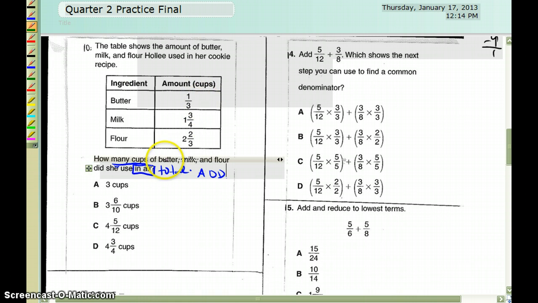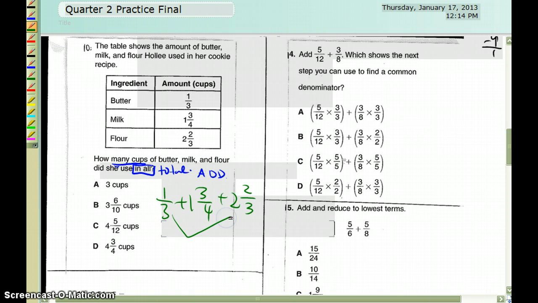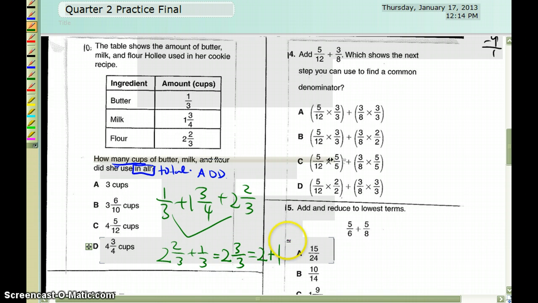When I write them in order here, when I add, because of the commutative property, I'm going to switch some numbers around so that I'm going to do my addition a little easier. I want to add the first number and the second number together. If I add 2 and 2/3 plus 1/3, that's going to give me 2 and 3/3. 2 and 3/3 is the same as 2 added with another 1 whole, which is really 3.